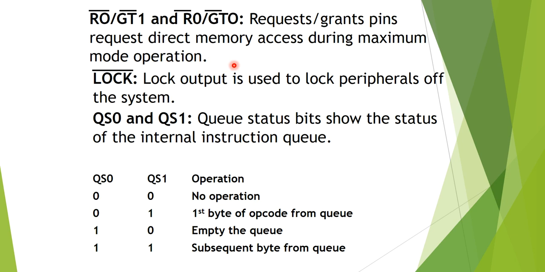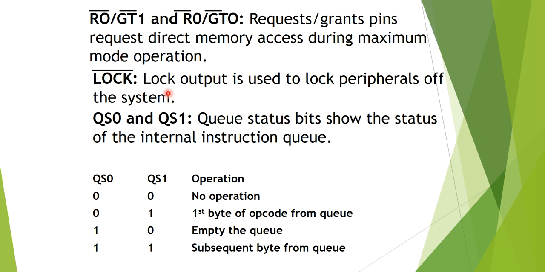As in minimum mode the hold signal is used for the DMA controller, in maximum mode RQ/GT bar will be used for direct memory access. The RQ request is generated, and the grant will be given by the microprocessor. Then the LOCK bar output is used to lock the peripherals of the system.